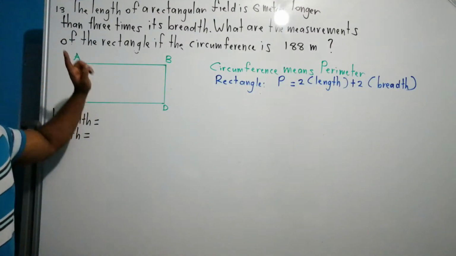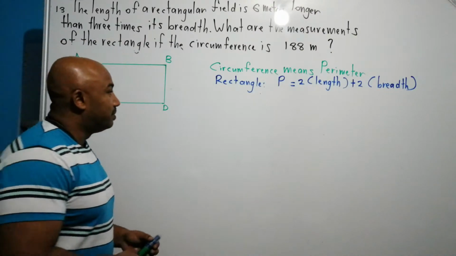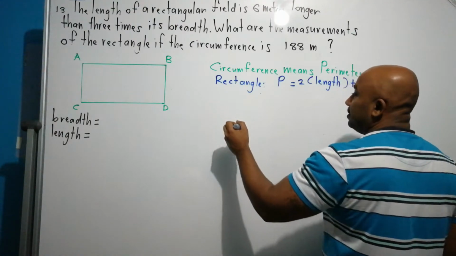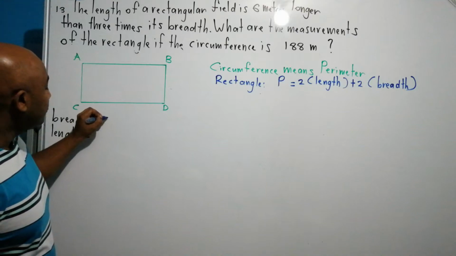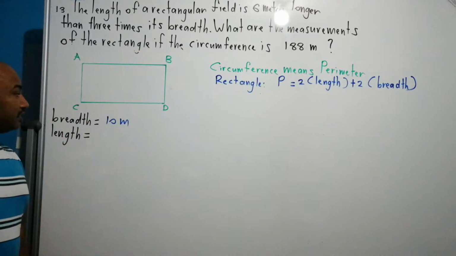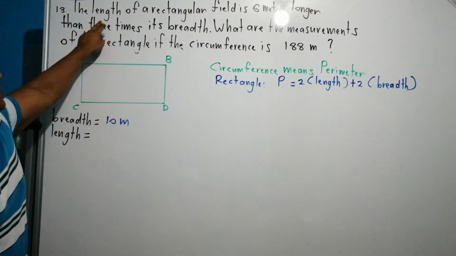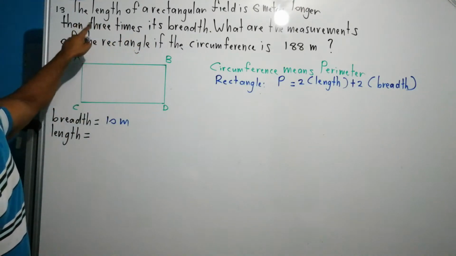Now, the length of a rectangular field is 6 meters longer than 3 times its breadth. Let's take an example if you're confused with that. Let's say that the breadth is 10 meters. Then the length is 6 meters longer than 3 times the breadth.